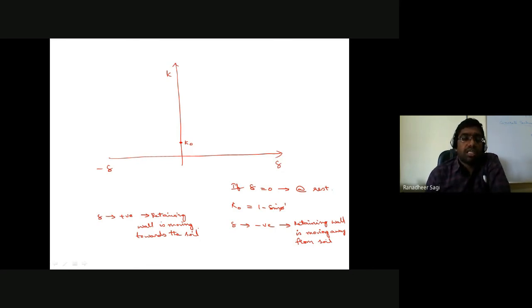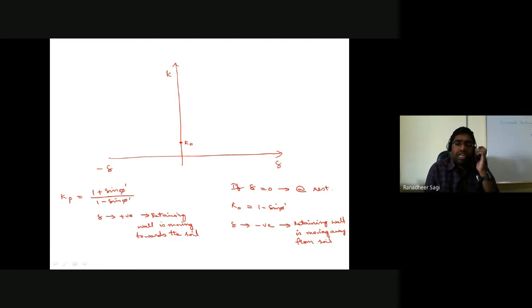So if delta is positive, that means the retaining wall is moving towards the soil, then the coefficient of earth pressure we calculate comes out higher, because the earlier expression, which I simply gave without deriving, says that the coefficient of earth pressure under passive state is 1 plus sine phi dash by 1 minus sine phi dash, for any phi value greater than 0.